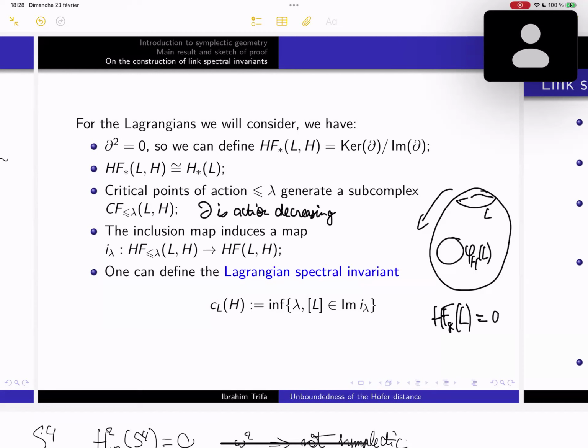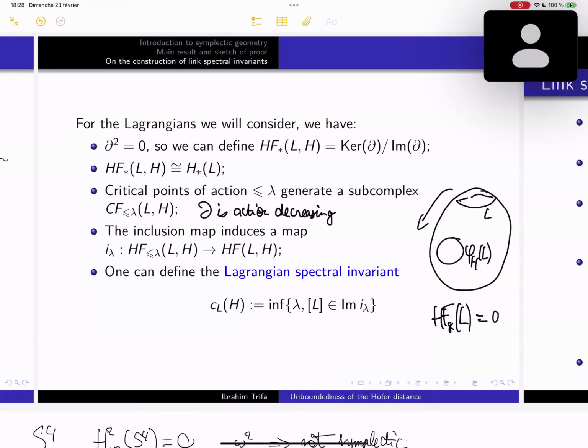The differential of an element in CF less than lambda is also of action less than lambda, and so this gives us a subcomplex, and we can define its homology HF less than lambda.